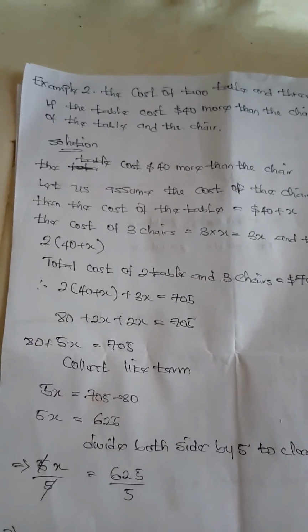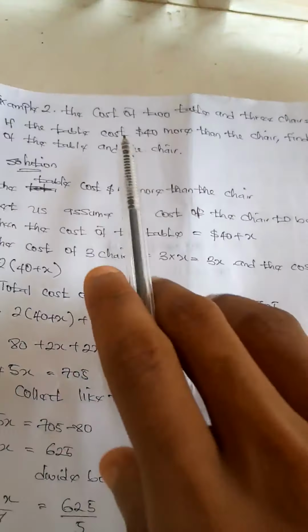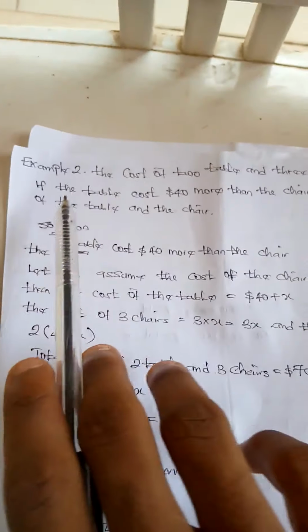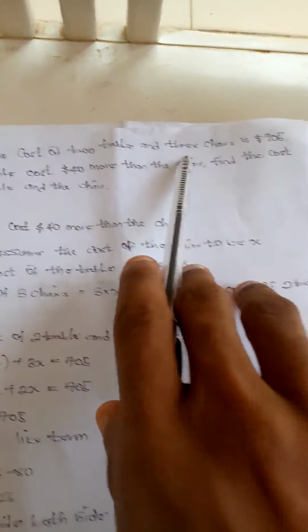Now, example 2. Example 2 says the cost of 2 tables and 3 chairs is $705. If the table costs $40 more than the chair, find the cost of the table and the chair.